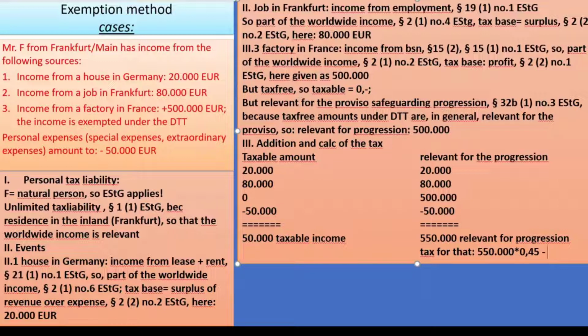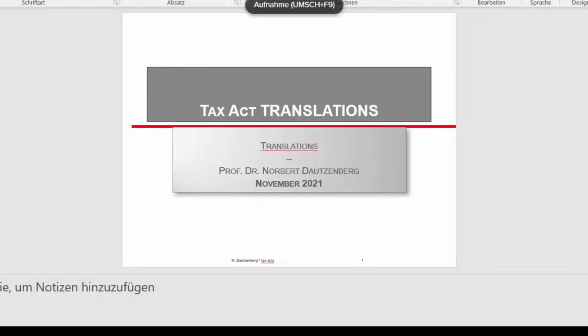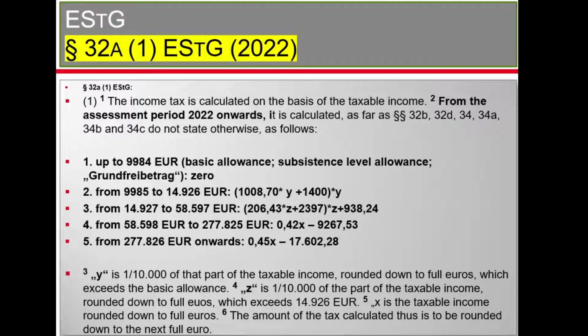So we need to look up how high this correcting factor is this year. Now, if we take a look at the tax tariff for 2022, we see that the correcting factor for the highest bracket is 17,602.28. So that is the number which we need to insert into our calculation.